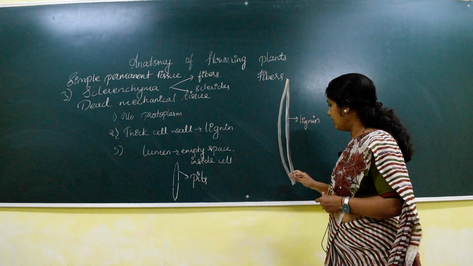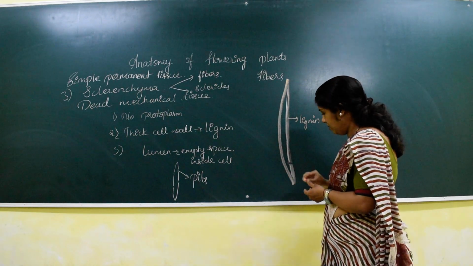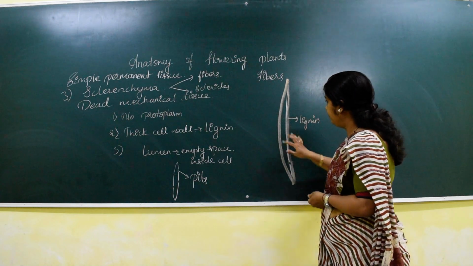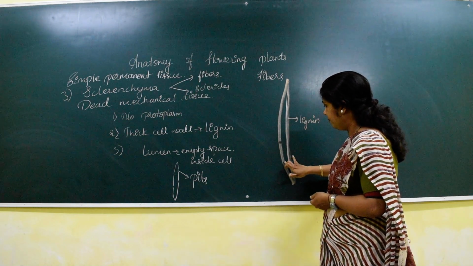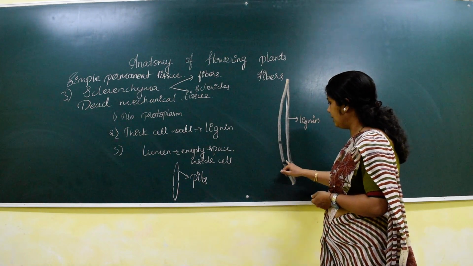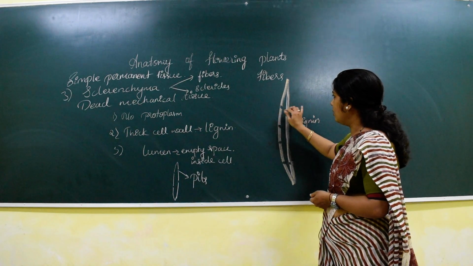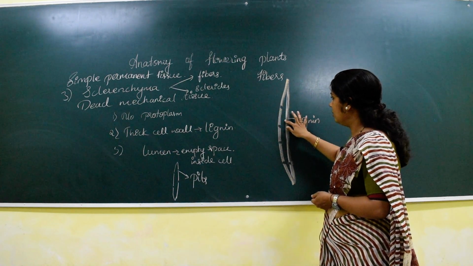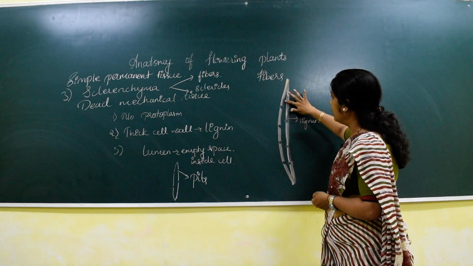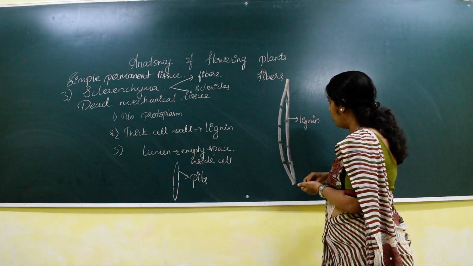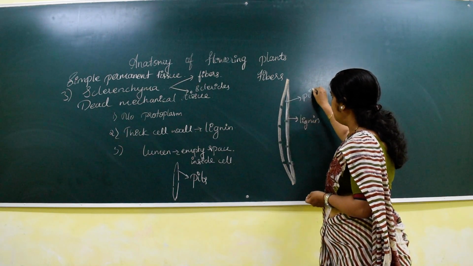Now at certain regions of the cell wall there is no lignin deposition. The cell wall is there, but the lignin deposition is not there. In which region? At this region. This undeposited lignin region is called pits.